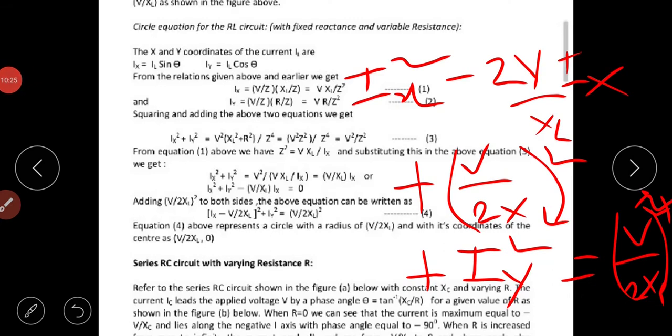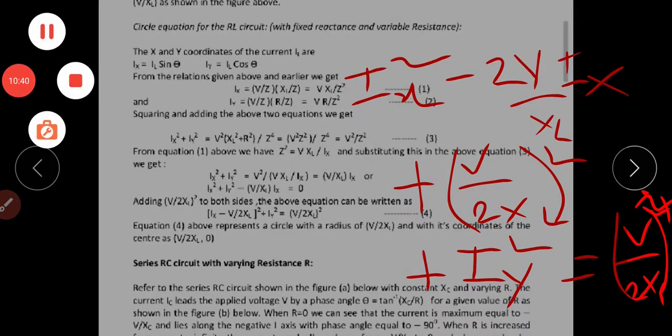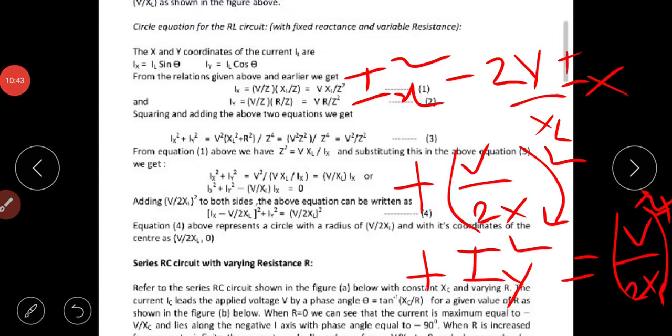This equation we can write like this. The first term is Ix square, and the middle term we write as 2 into V by 2XL into Ix, since V by XL into Ix equals 2 into V by 2XL into Ix. Then plus V by 2XL whole square plus Iy square equals V by 2XL whole square, as we are adding V by 2XL whole square on both sides.